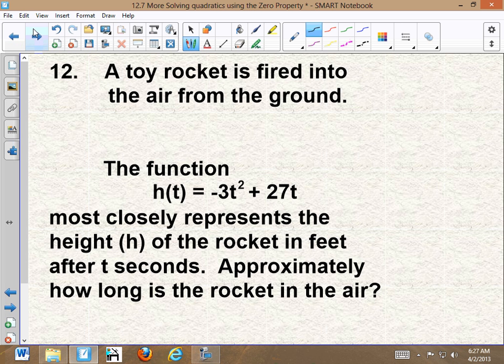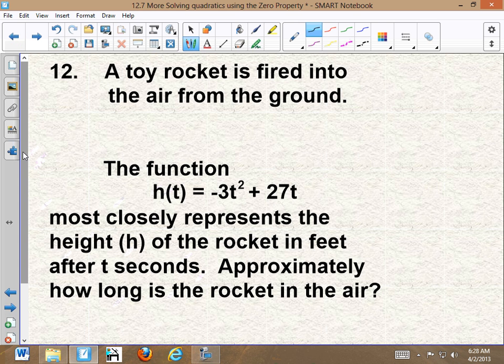Okay. Number 12. A toy rocket is fired into the air from the ground. The function h(t) equals negative 3t squared plus 27t most closely represents the height of the rocket in feet after t seconds.